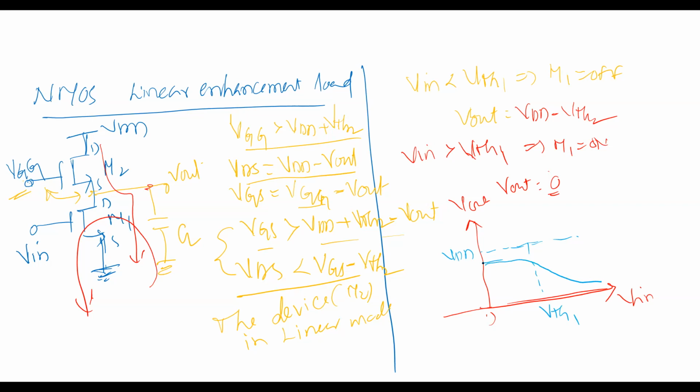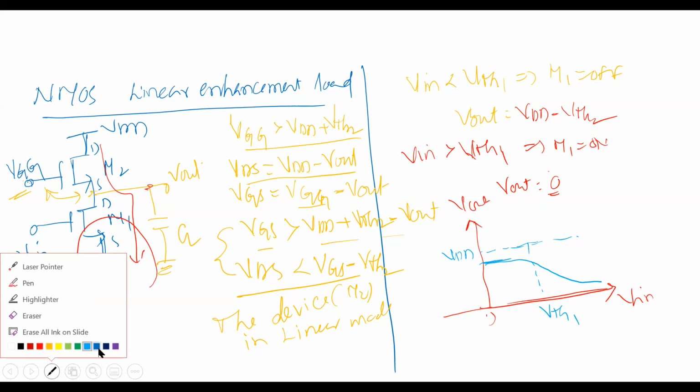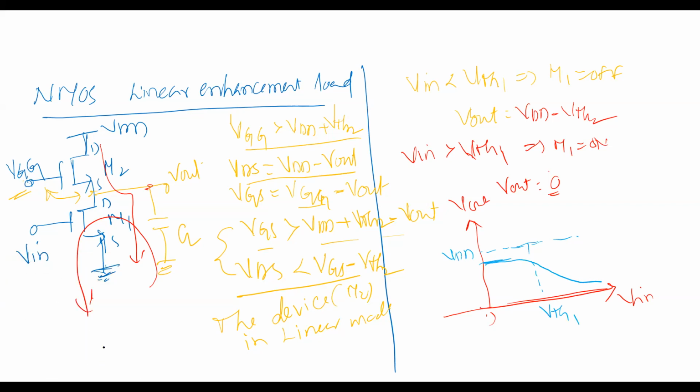Again you get a lower output because of VTH2. This is the gap, that is VTH2, and here also you get a non-zero output for the high input.